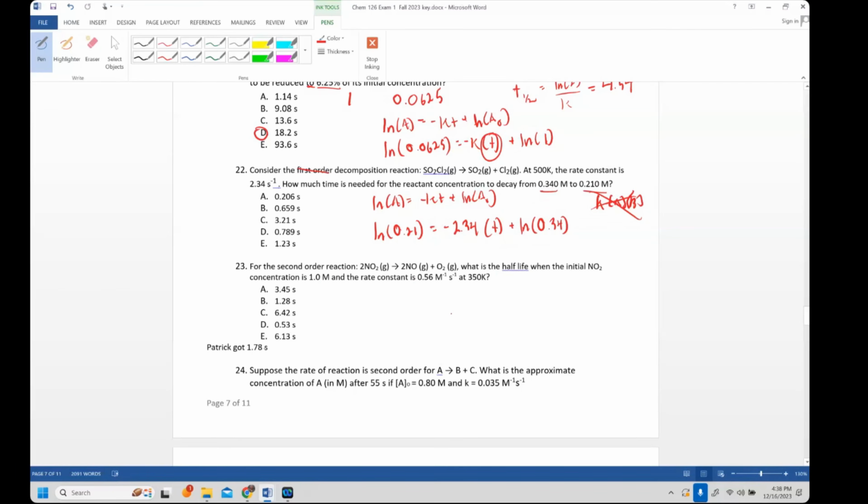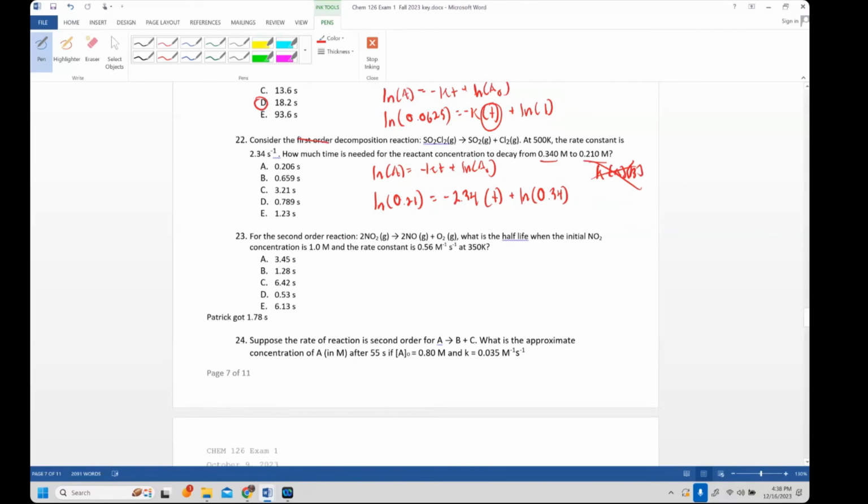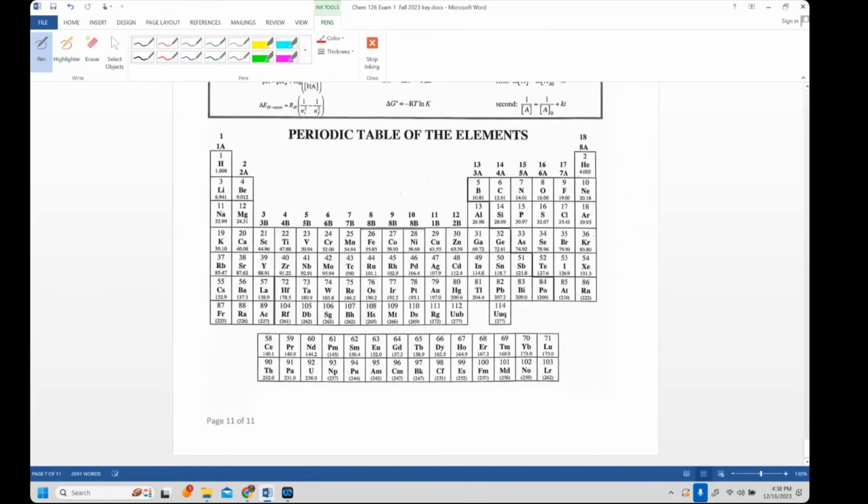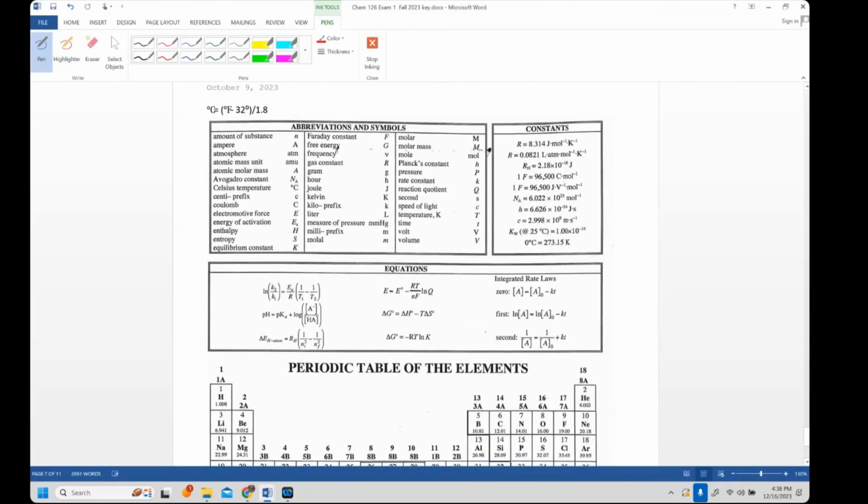So the half-life for a second order, let me just look it up real quick. Even if you don't know it, if we look at the information that's going to be given to you, we can figure it out. We have the integrated rate law right here for second order.